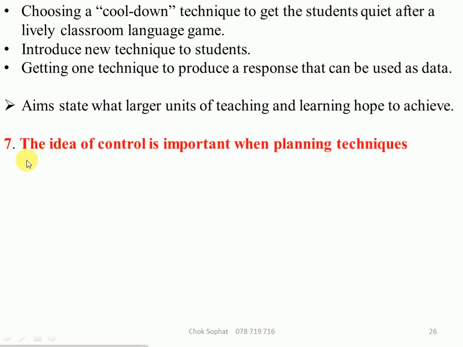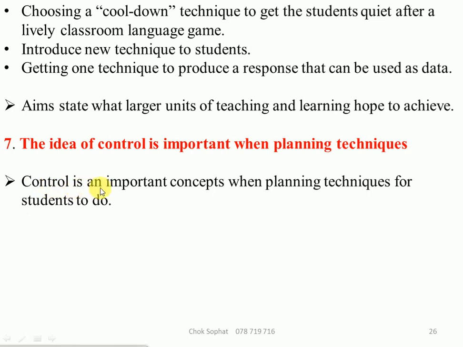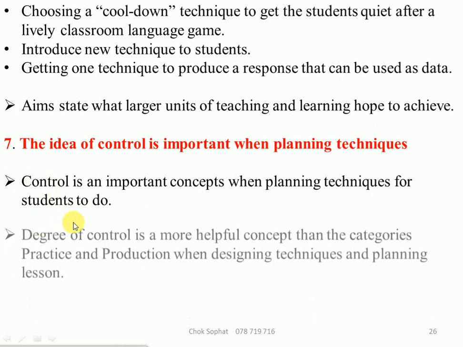So on the last point, the idea of control is important when planning techniques. So being a teacher, you have to know all of this. So chapter 2 is very important. Control is an important concept when planning techniques for the students to do. So you have to know the idea of control in techniques.